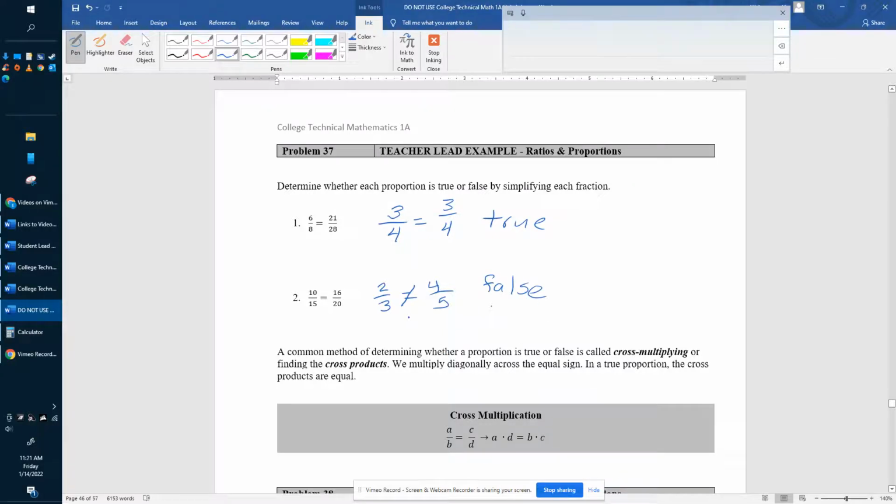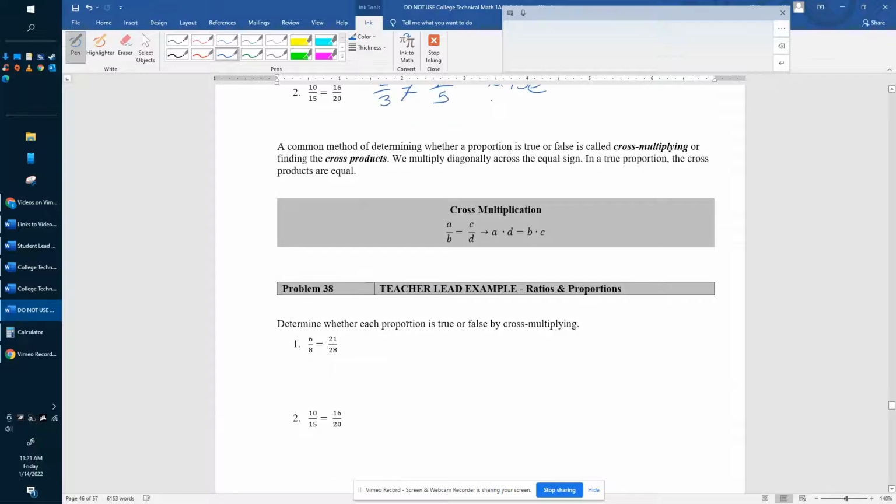Another way we can determine whether a proportion is true or false is with cross-multiplying. So cross-multiplying is when we take the numerator on one side, multiply it by the denominator on the other side. Take the denominator from the first side, multiply it by the numerator on the other side. So let's try that. 6 times 28. See if it's equal to 8 times 21.